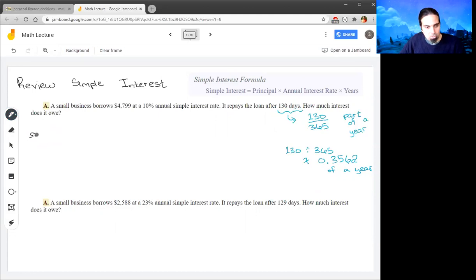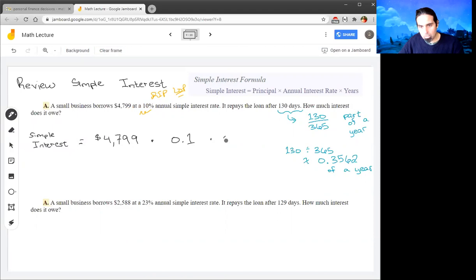So simple interest is 4,799 times 0.1. Where did we get that 0.1? Because we're doing 2 scoops to get out of percent format.